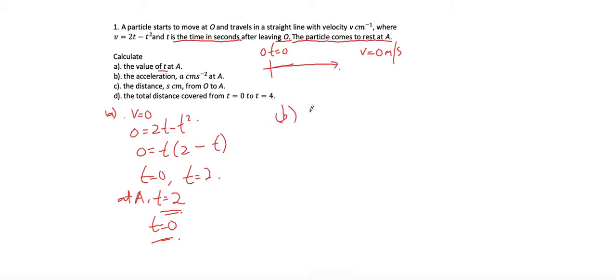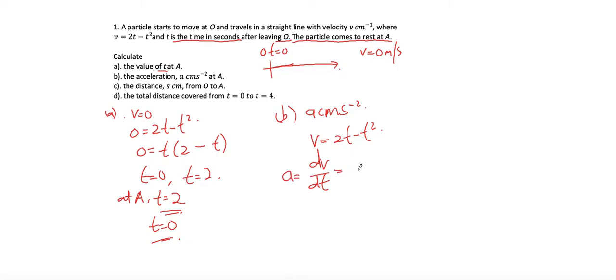The acceleration a in cm s⁻², or cm per second square. In kinematics, in order for us to find acceleration, we have to differentiate velocity. v is given as 2t - t², so dv/dt = a.